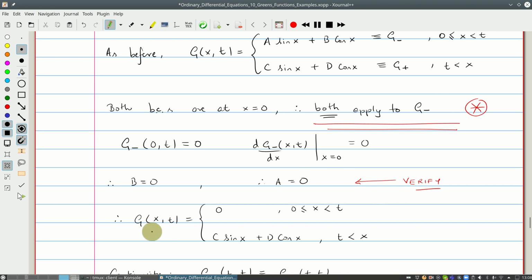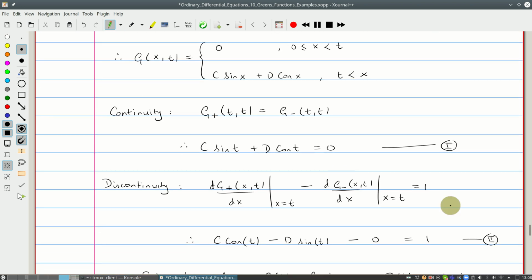What this means is our Green's function is written as 0 if x is less than t and x is greater than or equal to 0, and it's equal to c times sine x plus d times cos x when x is greater than t. So we've completely eliminated the left hand part of the Green's function. It's 0. Now we apply the continuity condition, that g plus where x is t is equal to g minus where x is t, and that means we have a condition on c and d.